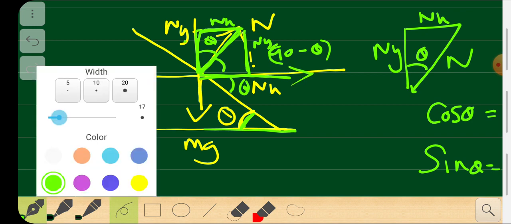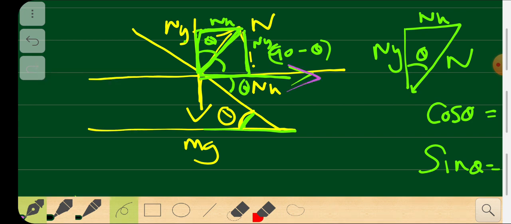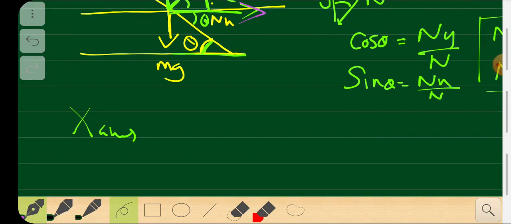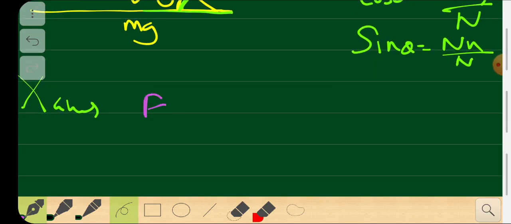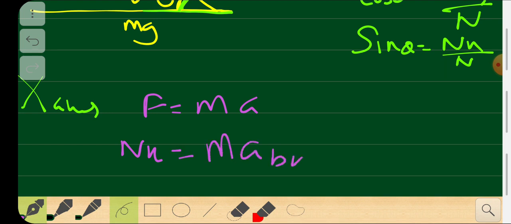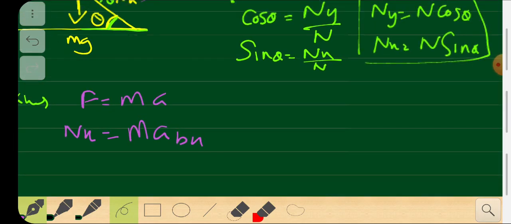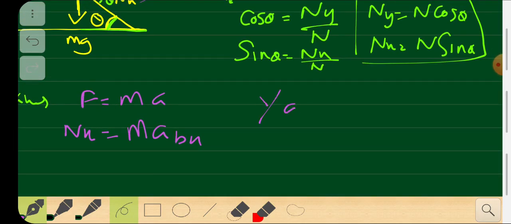Okay, the rest is history. So in the x-axis the force n_x must be equal to m times a of box in the x-axis, right? That's the acceleration.